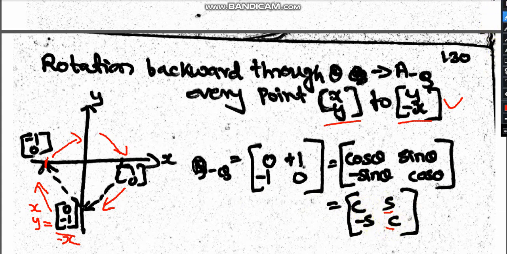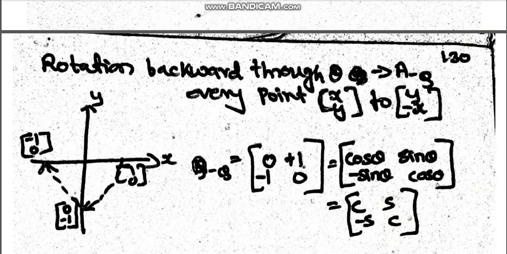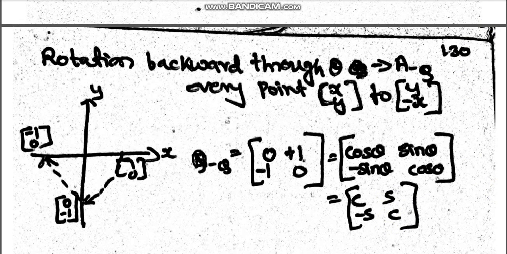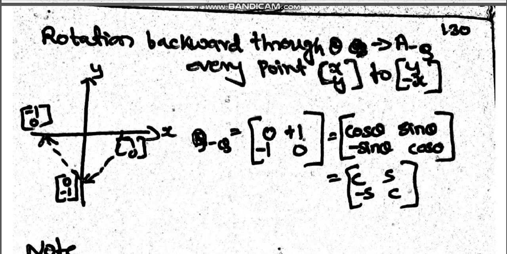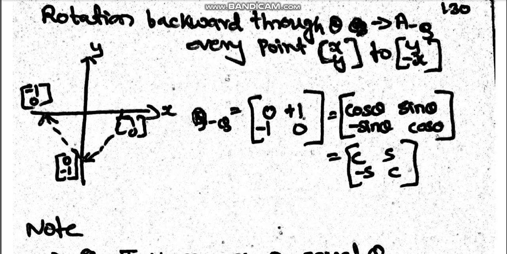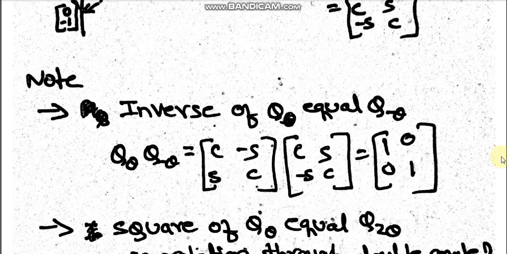One more interesting point to note is that if you multiply the rotation matrices, one in the anti-clockwise direction and another in the clockwise direction, you get an identity matrix. That can be checked here. You have a rotation matrix here and one more matrix here. Theta and minus theta, if you multiply, you will be getting 1 and 0.